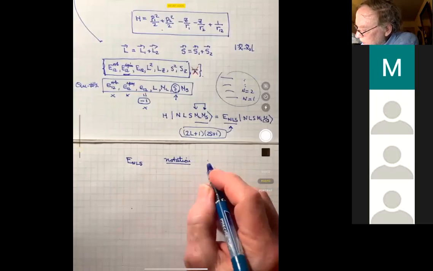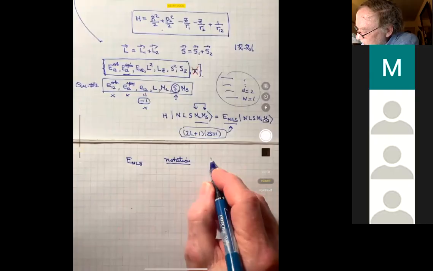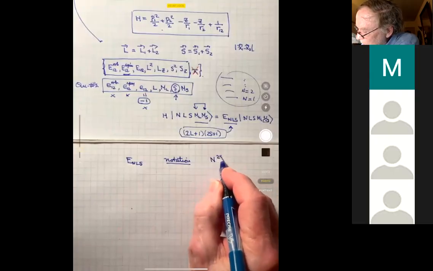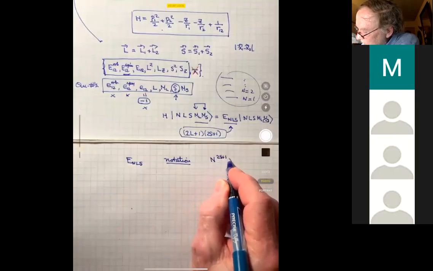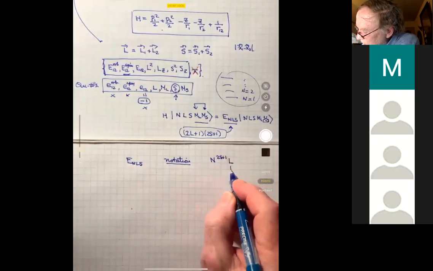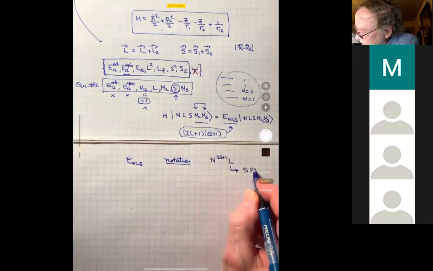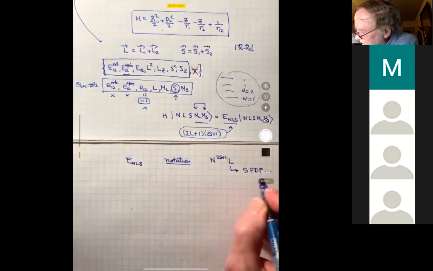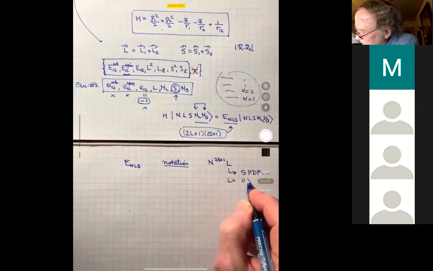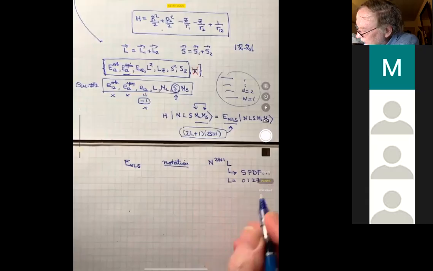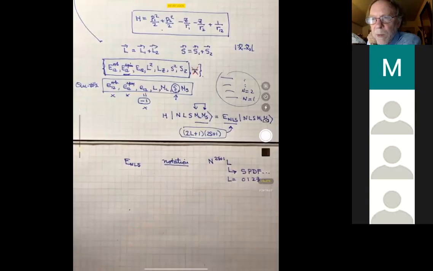The spectroscopic notation for E, N, L, S is N, then 2S plus 1 as a superscript, and then the L, the orbital angular momentum, where the orbital angular momentum is replaced by the code letters S, P, D, F, and so on that we've seen before, that correspond to L equals 0, 1, 2, 3, and so on, but with capital letters because they're the quantum numbers of the whole atom and not of individual electrons.